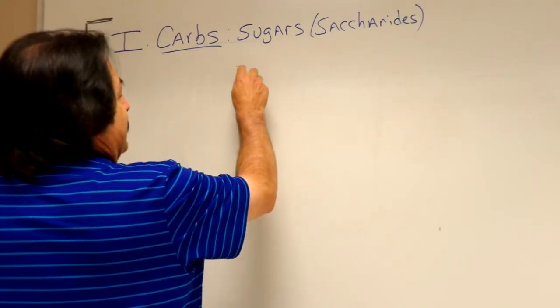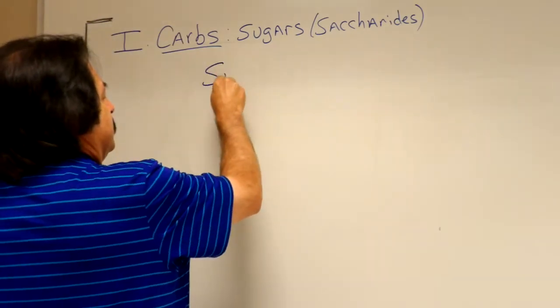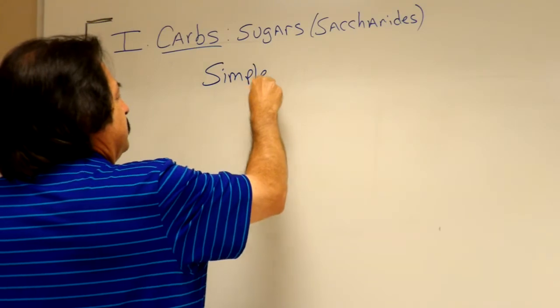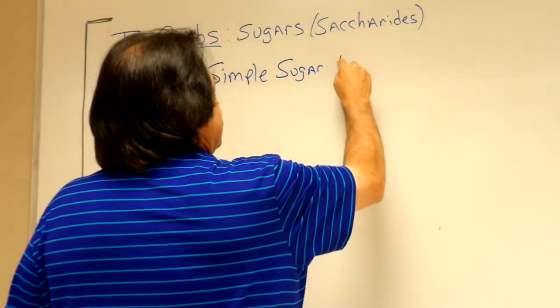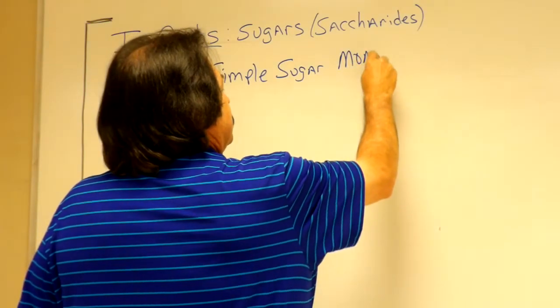For instance, a simple sugar is known as a monosaccharide.